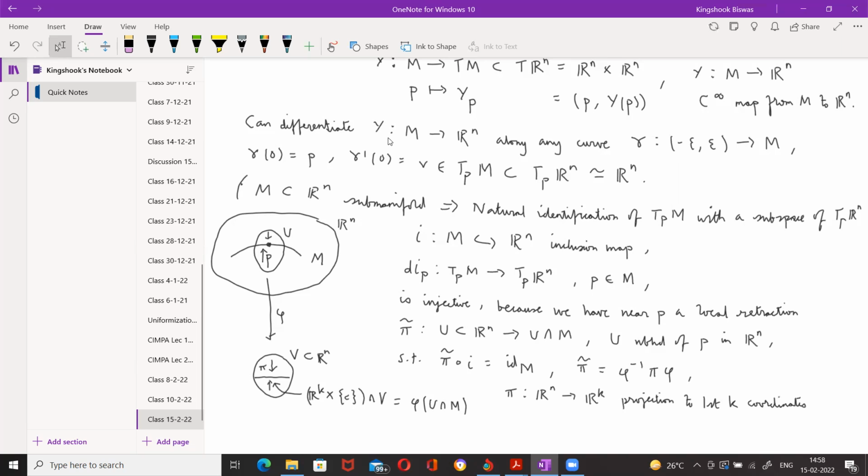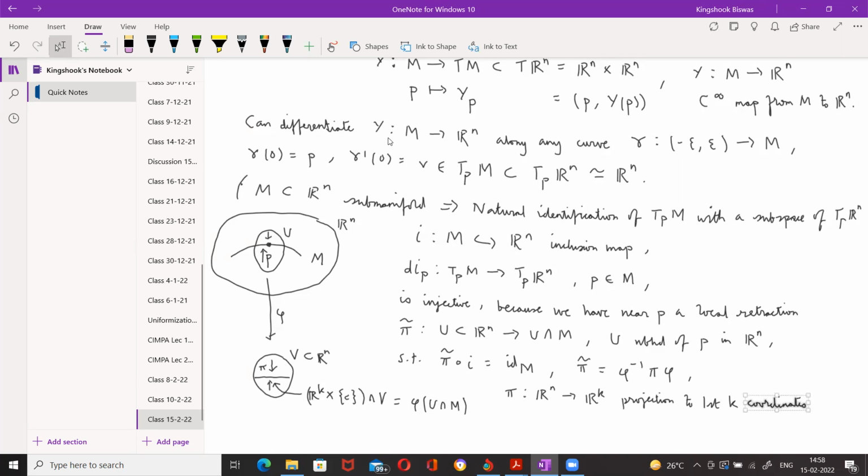Is this all right? Yes. So this will satisfy pi tilde composed with i is equal to identity of M, right? You see that? Okay. So therefore, what does that mean?